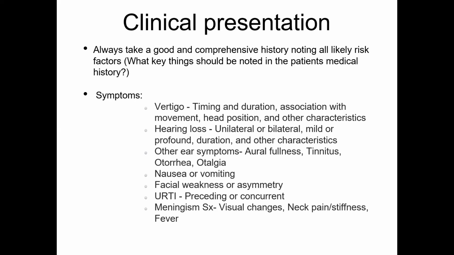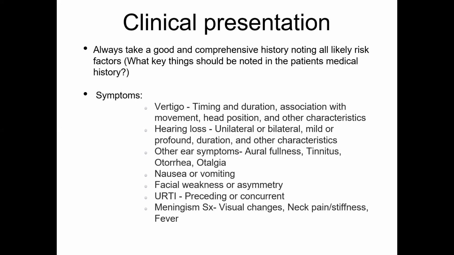Always take a good and comprehensive history so that you can distinguish serous from suppurative labyrinthitis, noting all the risk factors. What key things should be noted in the patient's history? Symptoms, we say vertigo.